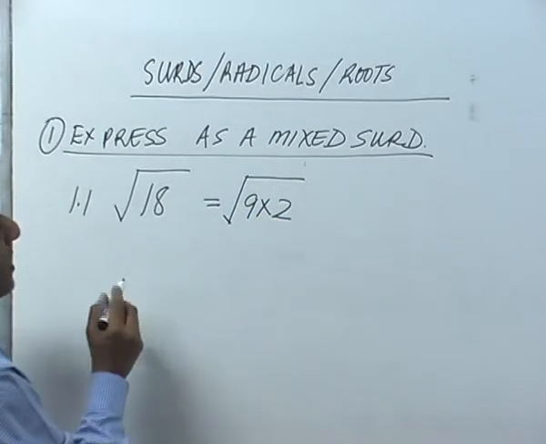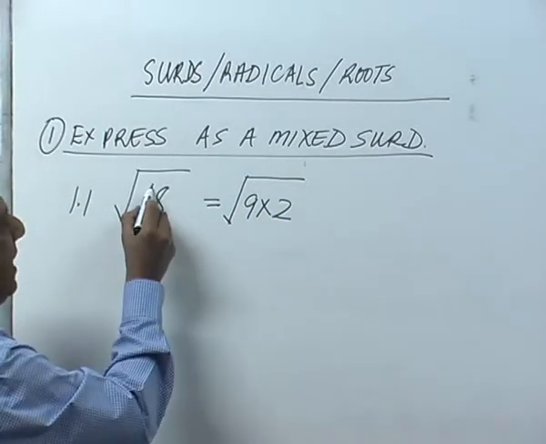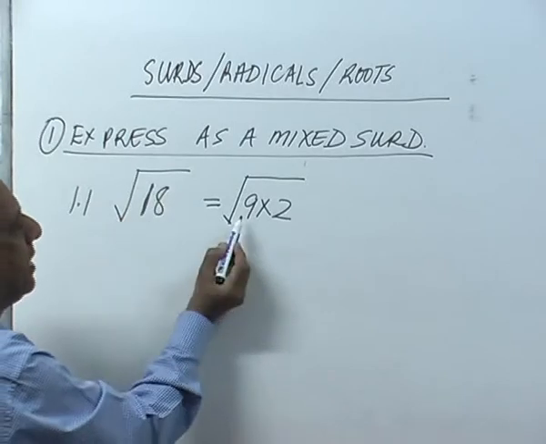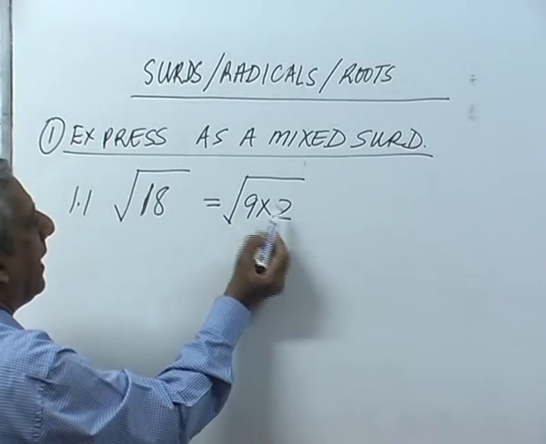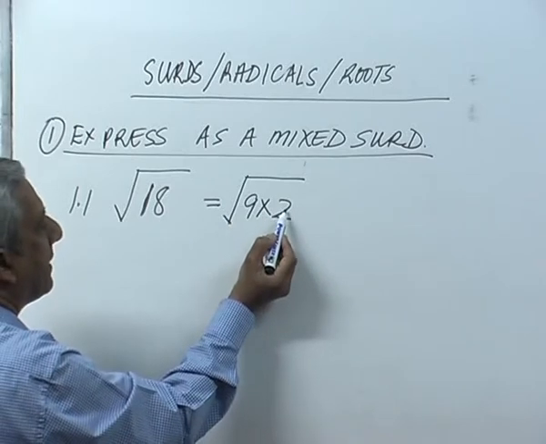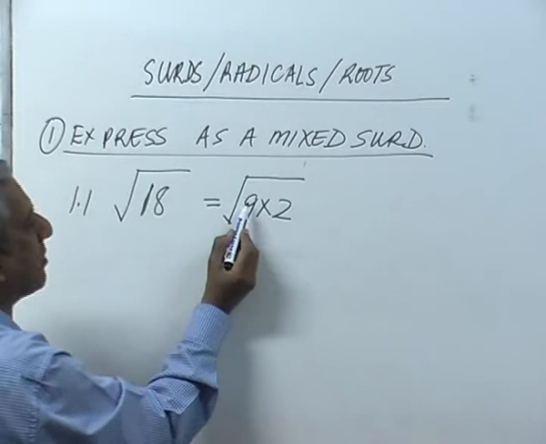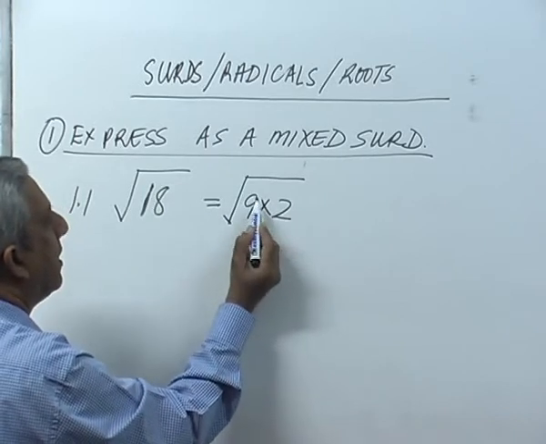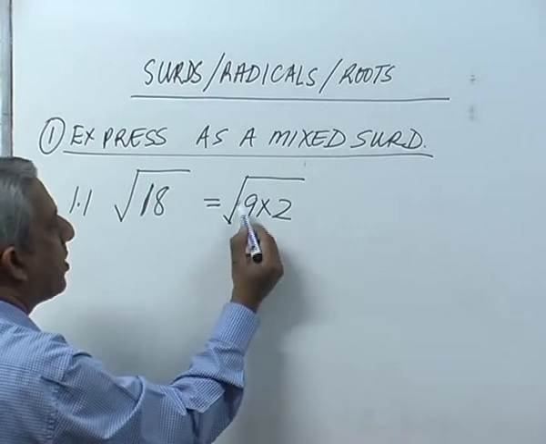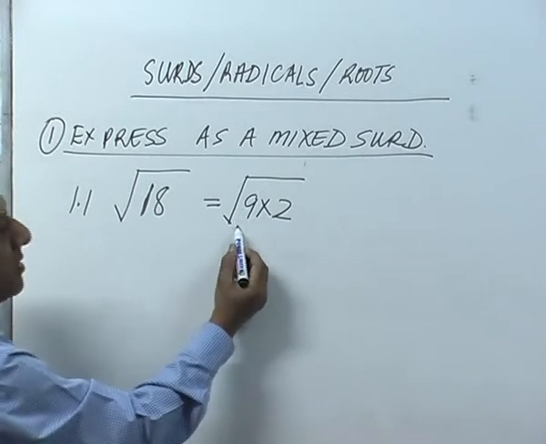So, watch carefully what is happening. We are breaking 18 into a perfect square and another number. 18 is equal to 9 times 2. We're making sure that one of the numbers is the biggest possible perfect square.